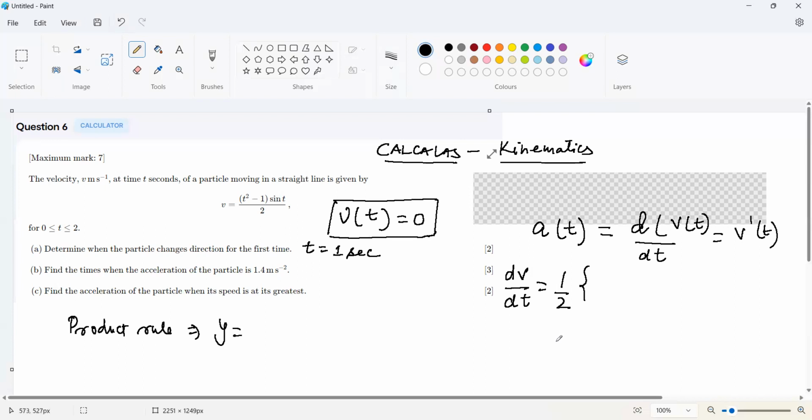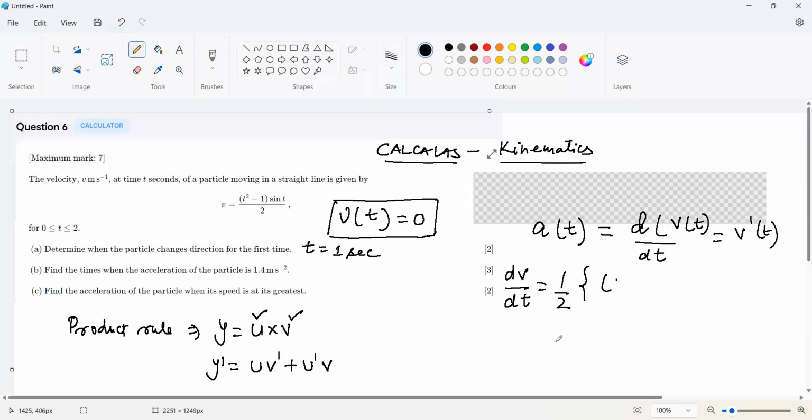If my function is u times v, two different functions, and I differentiate, I'll write u times v dash plus u dash times v. Or you can just change the order, that's completely fine: u dash times v plus u times v dash.